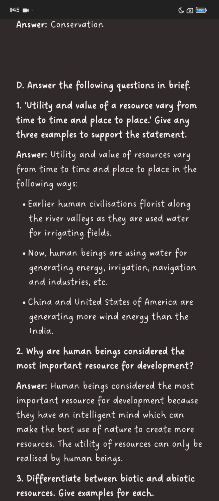Earlier human civilizations flourished along the river valleys as they used water for irrigating fields. Now human beings are using water for generating energy, irrigation, navigation and industries, etc. China and United States of America are generating more wind energy than India.